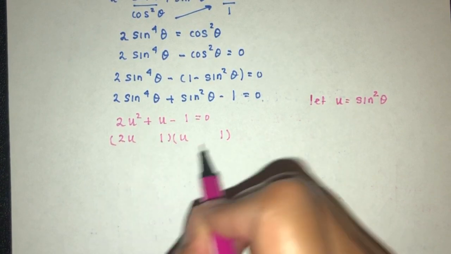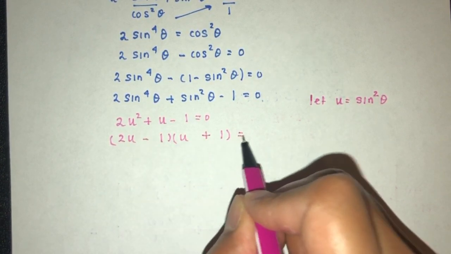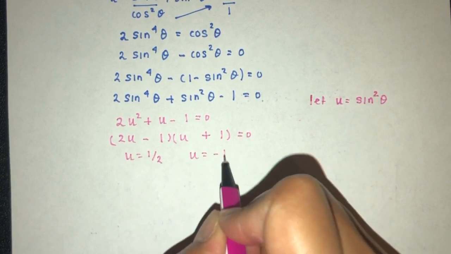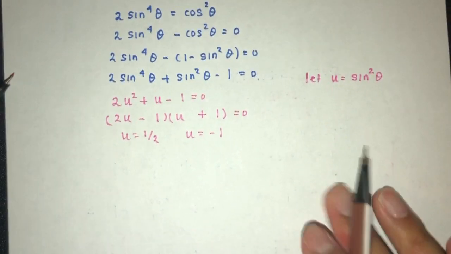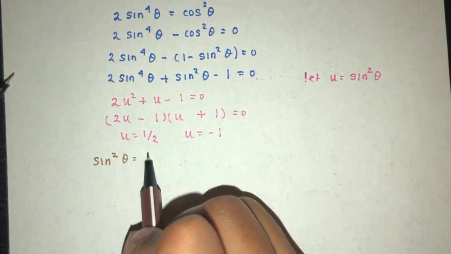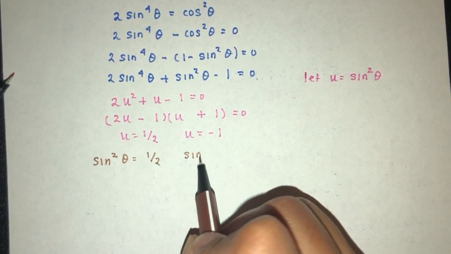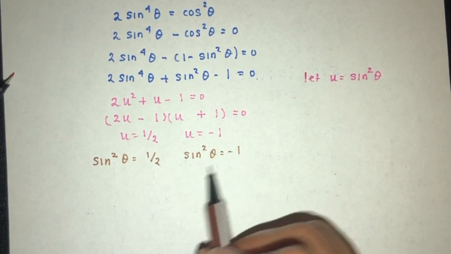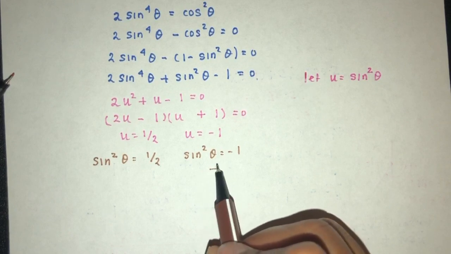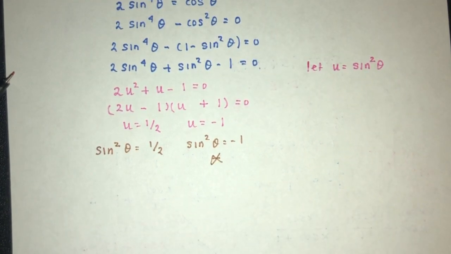To get plus 1, we have to have plus 2 minus 1. U will be half and u will be minus 1. Now simplify. We know u is sine square theta is half, or sine square theta is minus 1, which is not possible. So it is invalid, not possible, right? So square of something will be positive, if that makes sense.